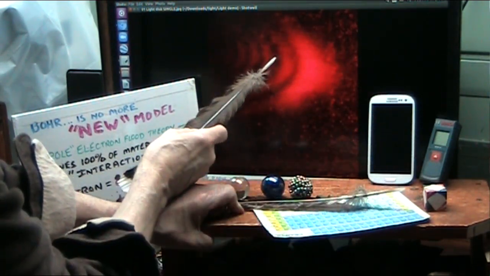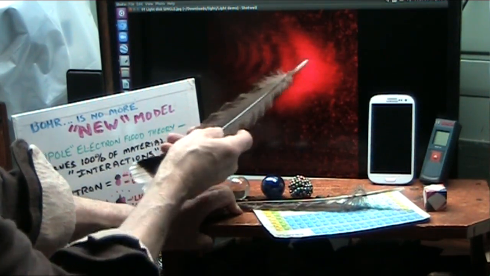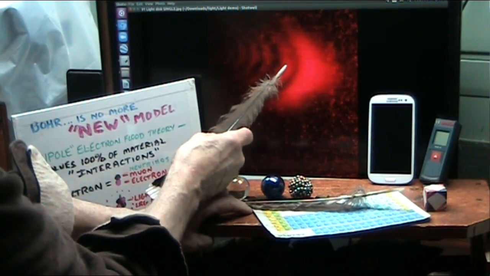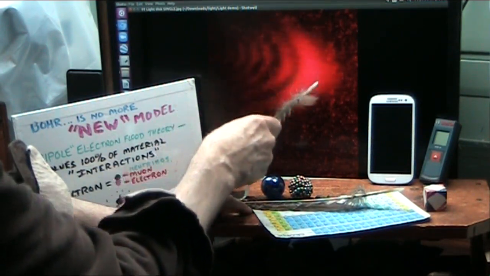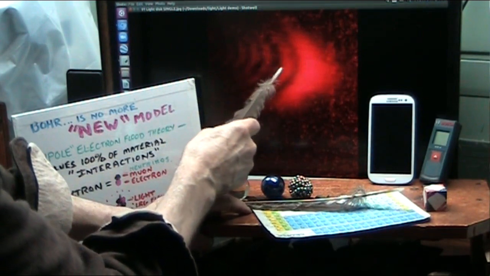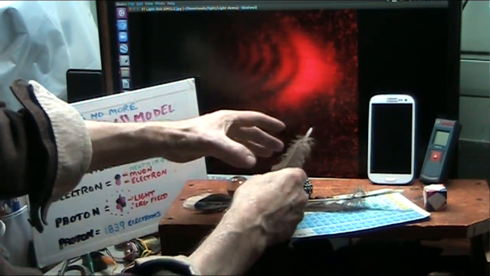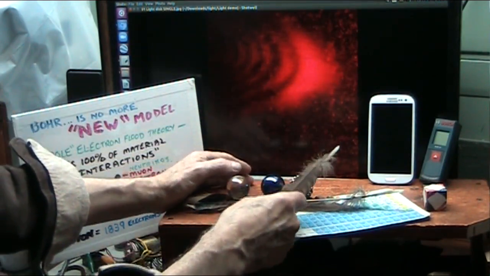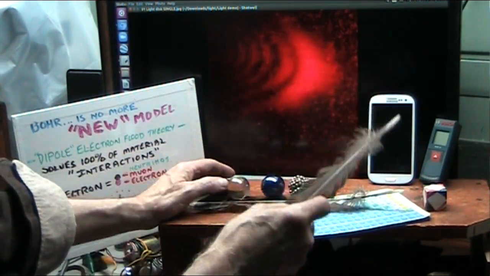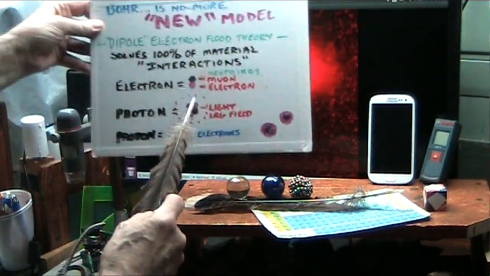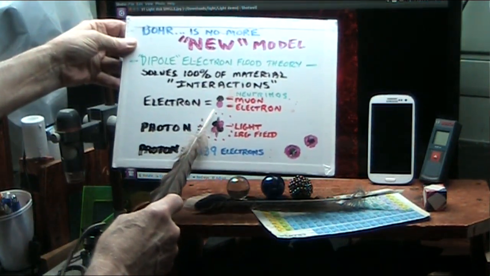Well, the particle is a magnetic particle. It's nothing more than a magnet, which every magnet has a field around it. So as it comes through the air, every other particle has a field surrounding its electric nature, because everything is electric in nature. Every single thing there is made of these electron dipoles.